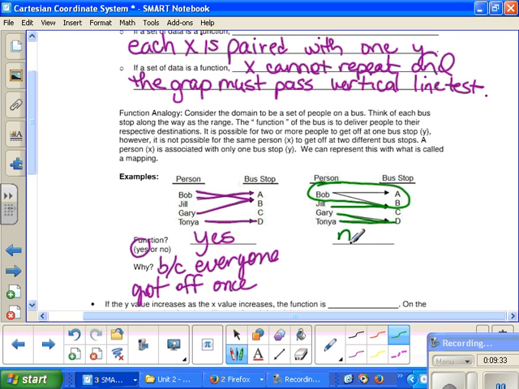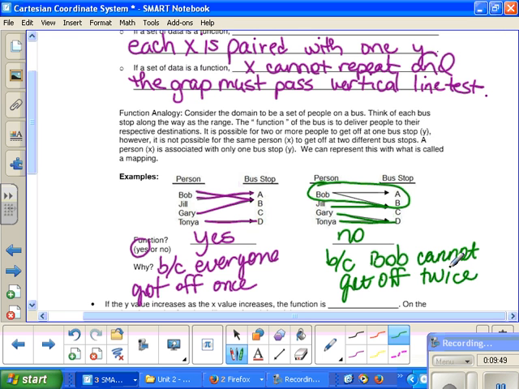So this is a problem. It cannot be a function because Bob cannot get off twice, or 3 times or 4 times or whatever. Okay? That's the difference in a relation and a function.